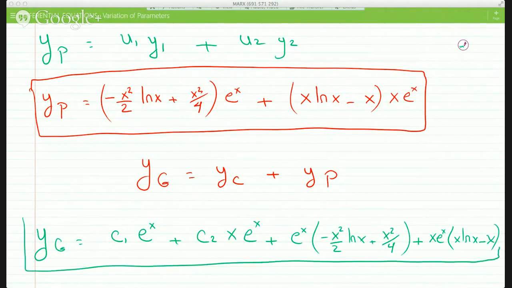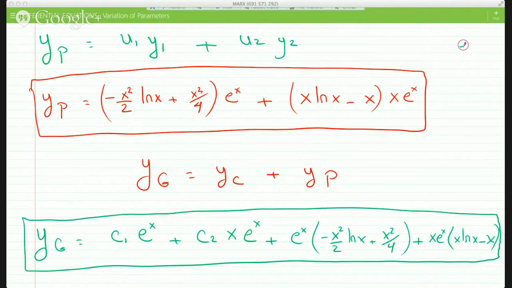This is the general solution of the non-homogeneous linear second-order differential equation using variation of parameters.